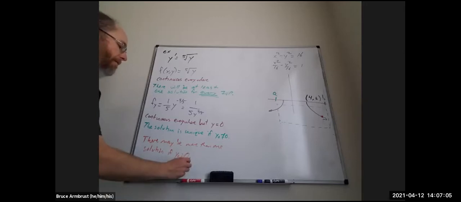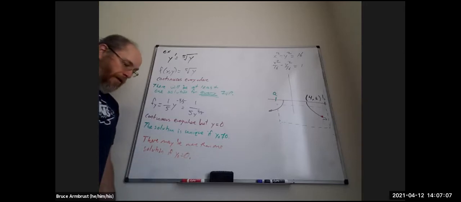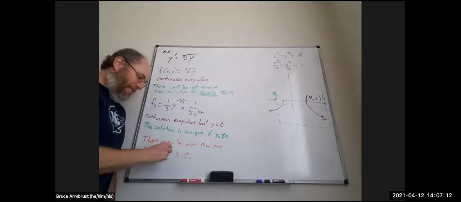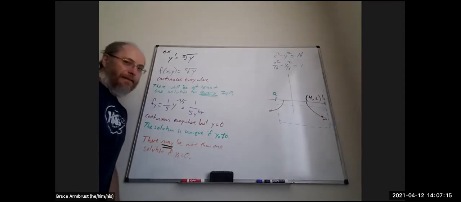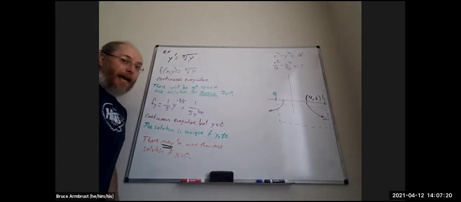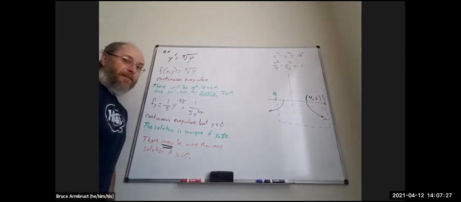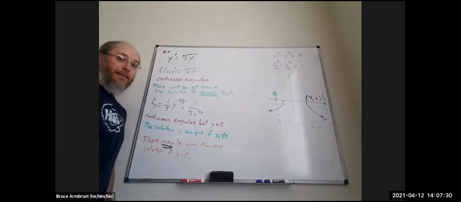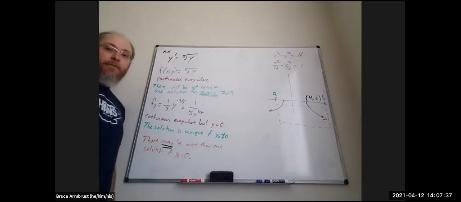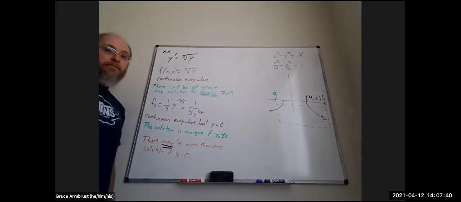But there's a very important word in here: may. There may be more than one. I just don't know. Just because I didn't prove it's unique doesn't mean that it isn't unique. I just don't know that it is. Okay, so there may actually be more than one if y not equals 0.